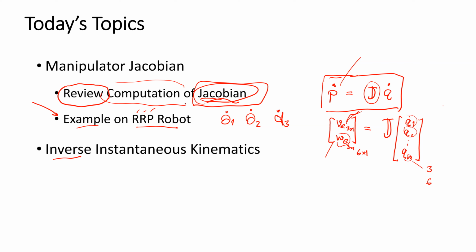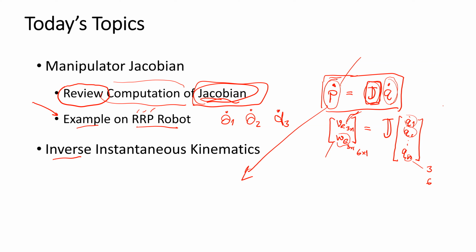But the new topic for today will be the inverse of the Jacobian matrix. By the concept, the Jacobian relates the joint velocity to the endpoint velocity.